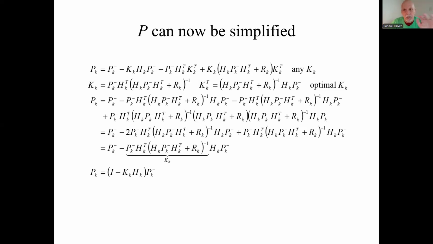And I know I'm just stepping through a bunch of stuff quickly to save you the tedium. Here was that formula for the P after we update it with the measurement. This first line applied for any gain K. But if we use the K we just found, you go through all this tedium, there's a much simpler formula for updating the covariance.